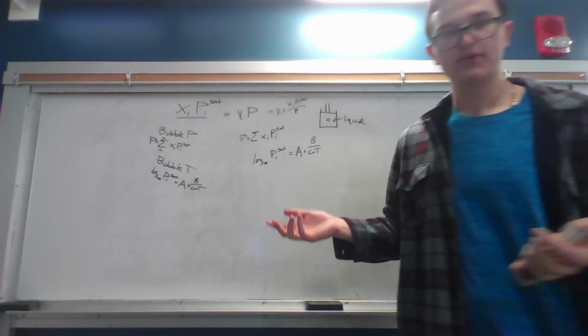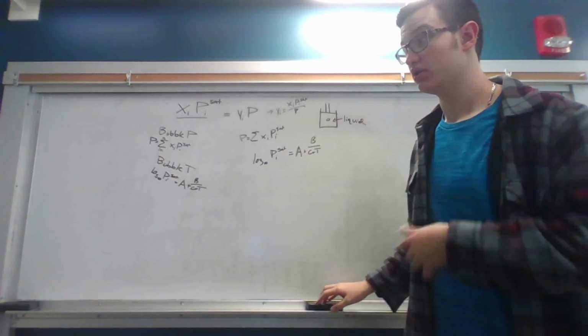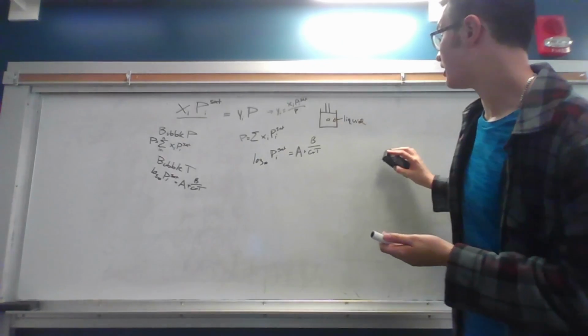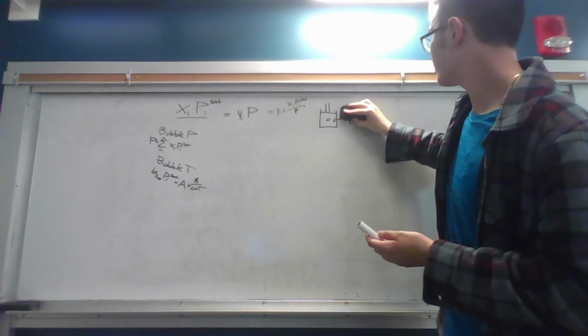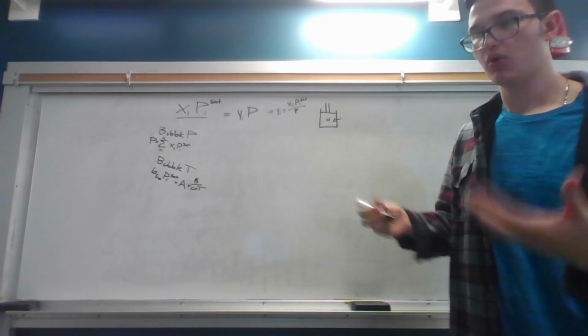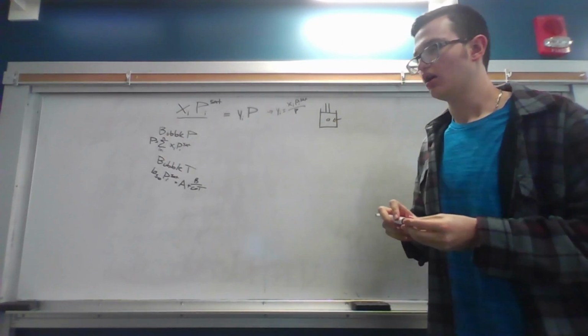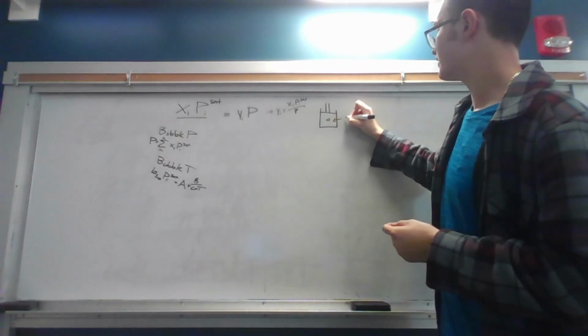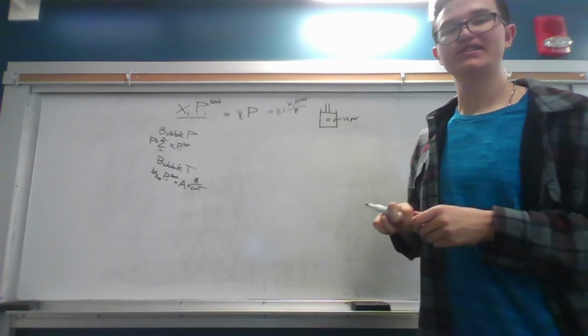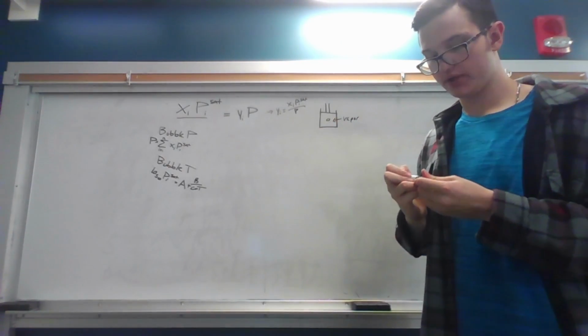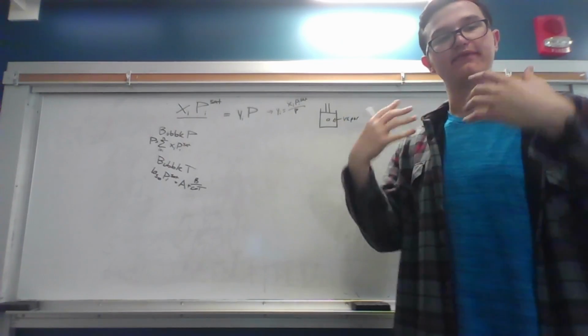Now what? What's next? Well, they want the dew temperature and pressure, so we're going to do that. I'm going to first erase this. Now, dew point is a different thing. It's a different situation. Instead of all liquid, the only thing that changed in our little drawing is that the only thing in the container is vapor.